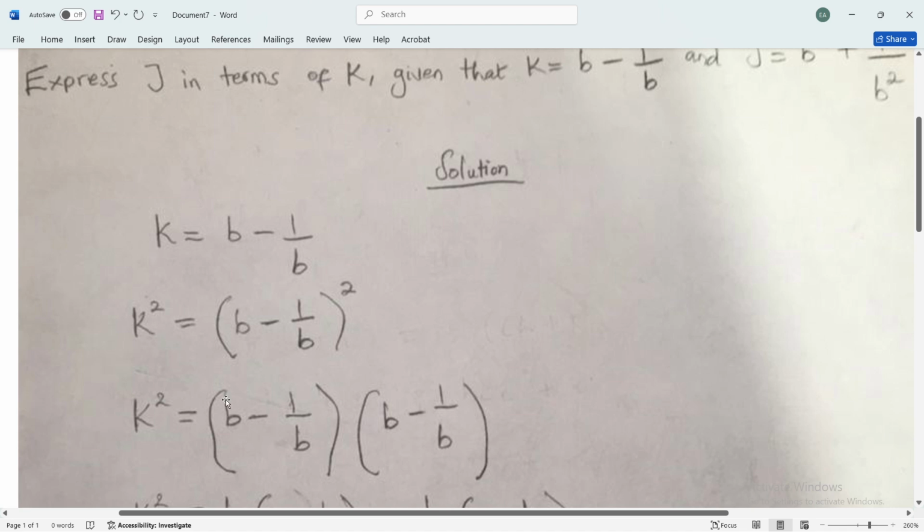So we pick each term and multiply it through by the entire bracket here.